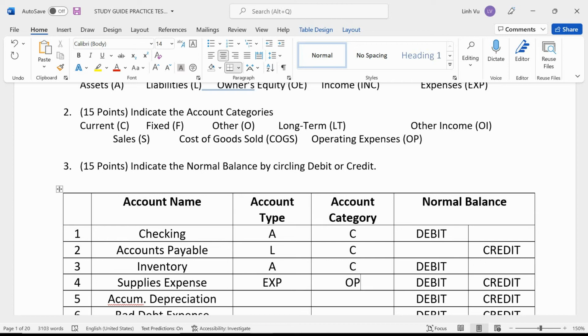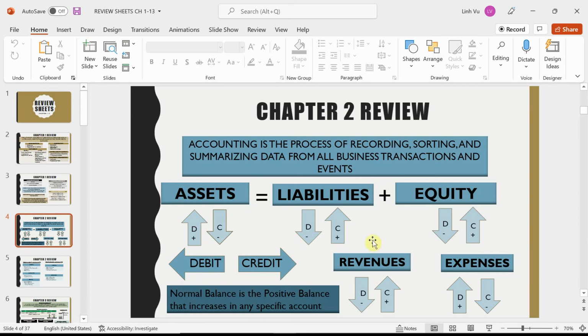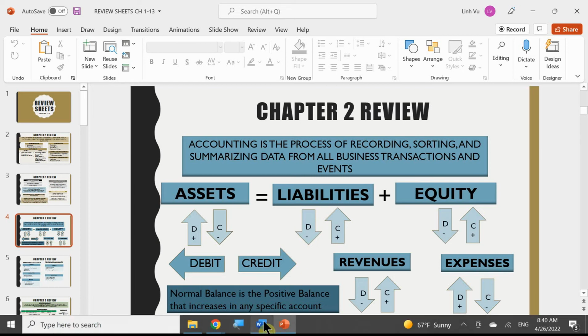Now, what kind of balance would this have? What would increase expenses? Debit. So if you remember, assets and expenses flow in the same direction. Your liabilities, equity, and revenues flow in the same direction. If you remember that much, it will help you out tremendously.